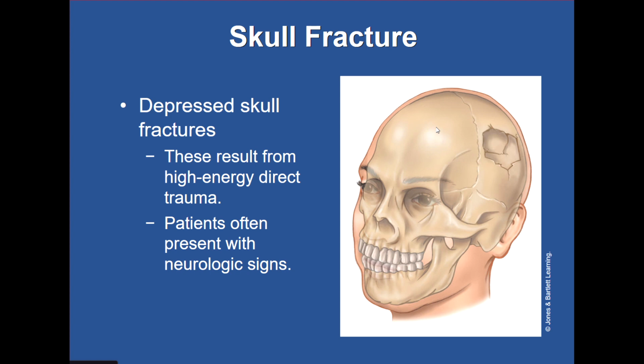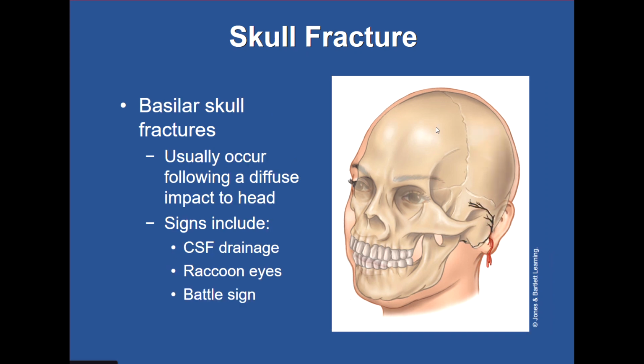The person may or may not remember what happened. And likely there's other neuro signs that go along with it. They might be confused. So we would expect to see some other things with that.